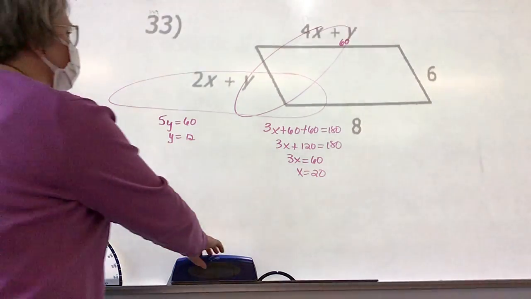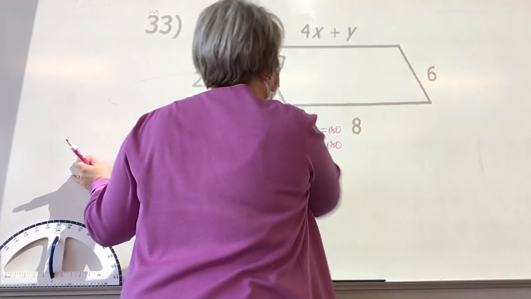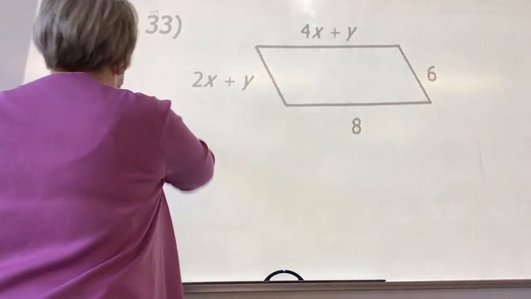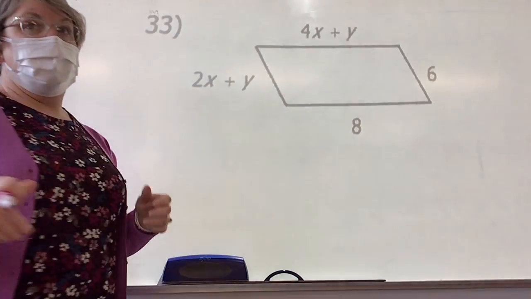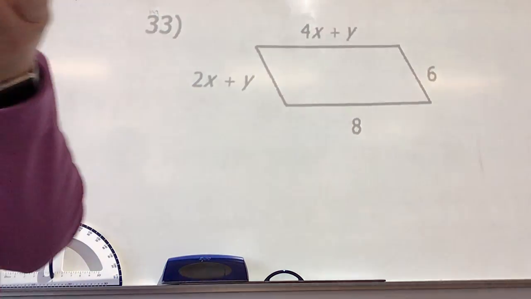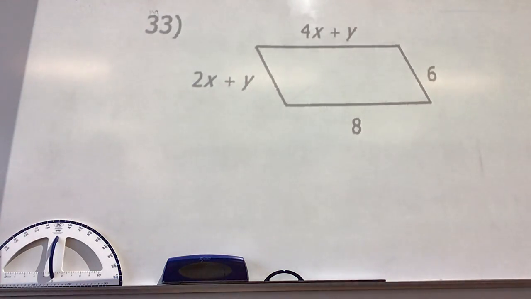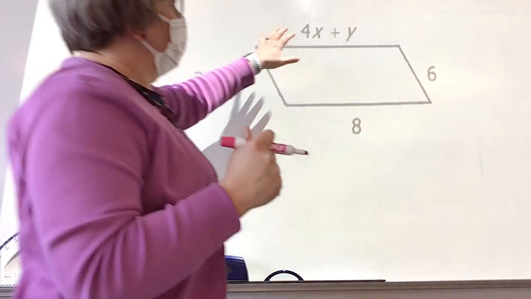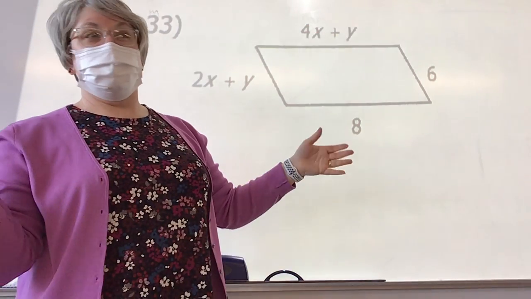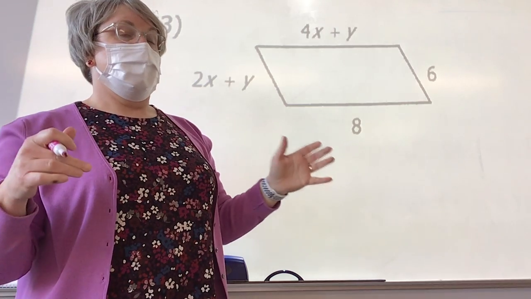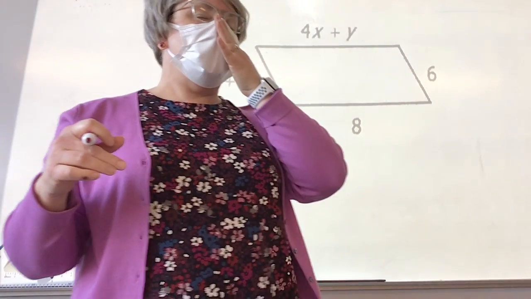33. Okay, are these angles? What are they? Okay, so I don't have a degree bubble for sure, so you know that they're not angles, right? And so if you look at your properties, it's an easy one.